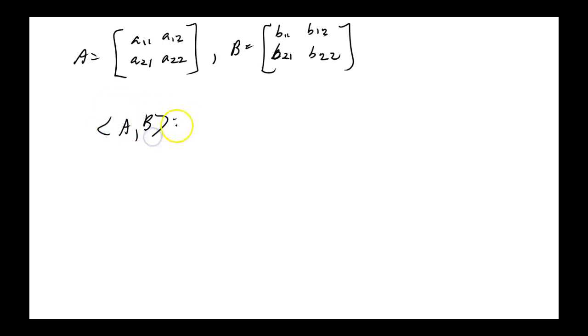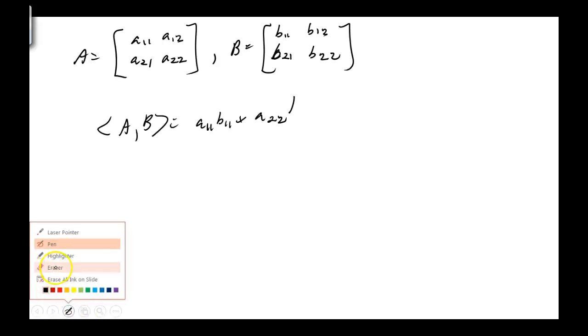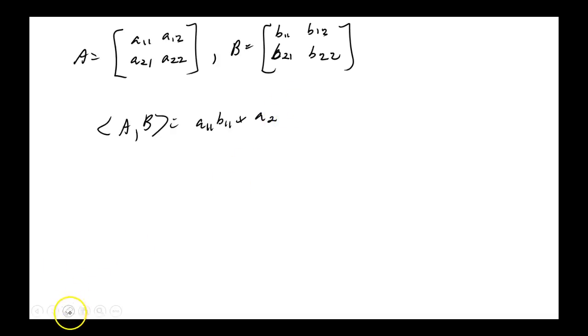The inner product of A and B is A11 B11 plus A21 B21 plus A12 B12 plus A22 B22.